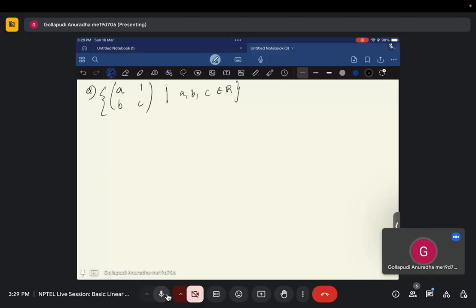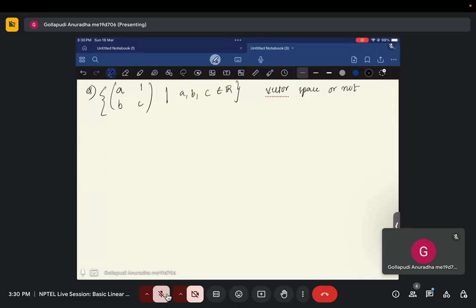Then does this form a vector space or not? Not a vector space, actually. Yeah, it won't be a vector space.